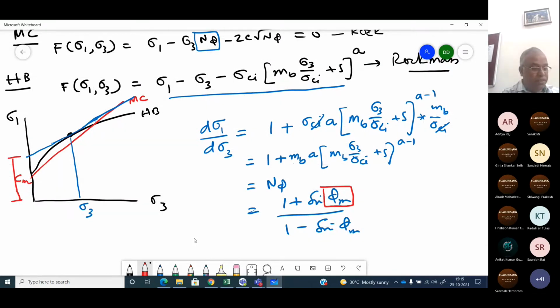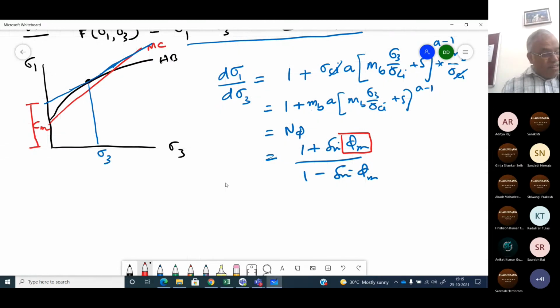Sir, before sigma 3 there is a negative sign, and before sigma ci there is a negative sign, so differentiation would be in negative sign. Yeah, that equals 0, so that will go to that side, positive. Okay, sir. You got that? Yes, sir. So this is on page number 255, chapter 9.